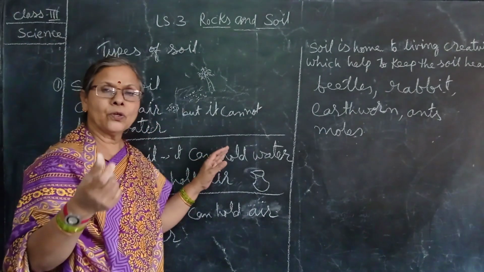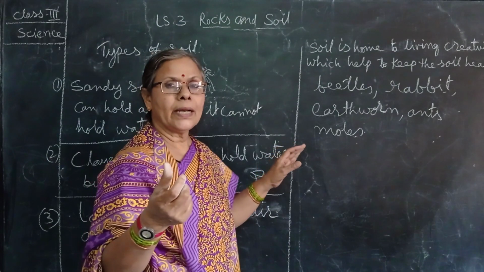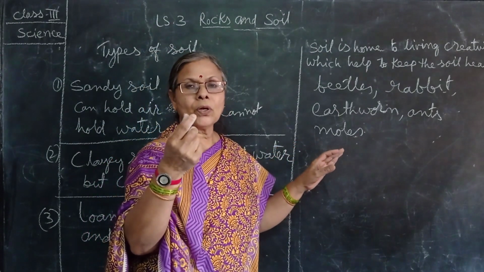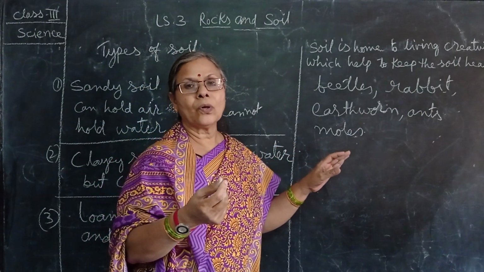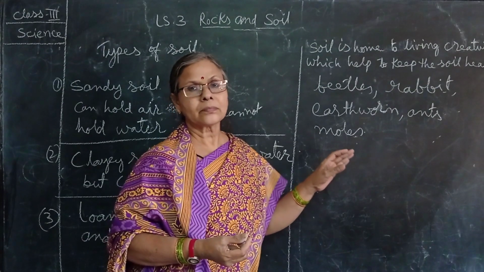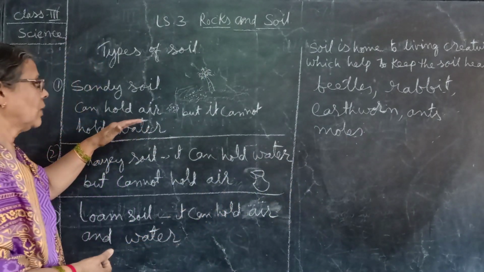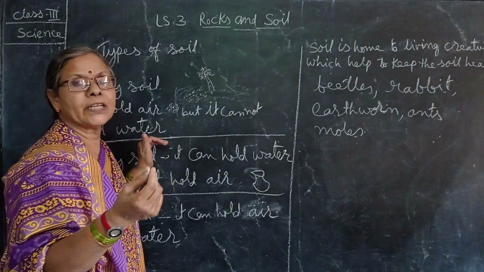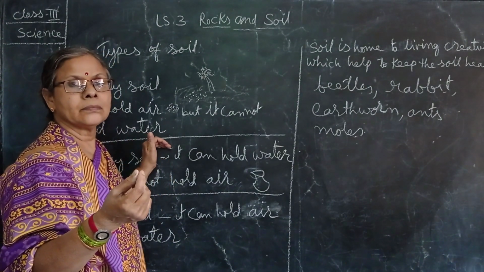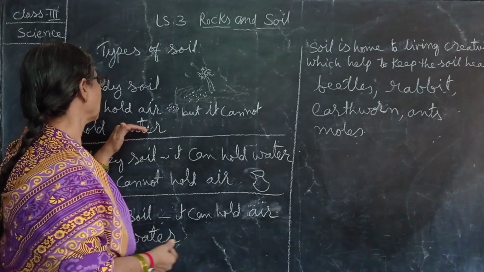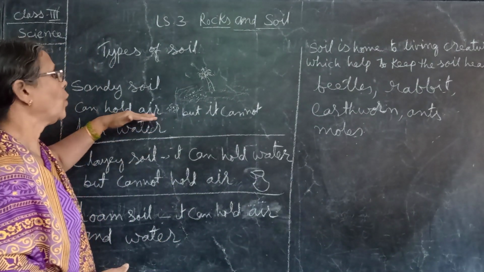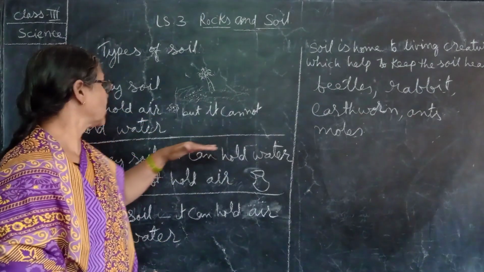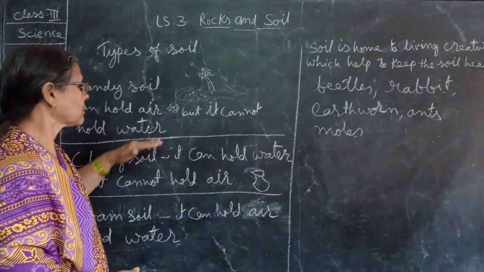That means when you take sandy soil and pour water into it, the water can enter very easily. Why? Because there are a lot of spaces between the sand particles. So that's why it can hold air but it cannot hold water.